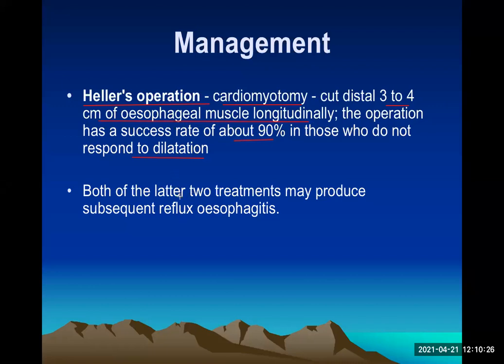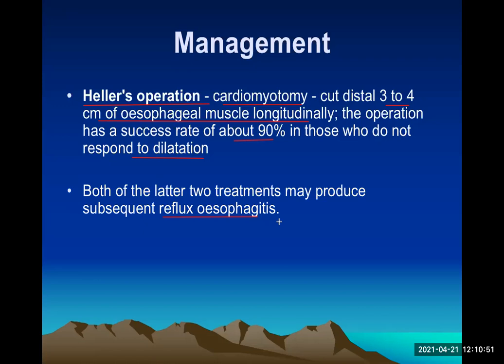Both of the latter two treatments may produce subsequent reflux esophagitis. Why is there reflux esophagitis? Can you explain why this occurs after this type of surgery or pneumatic dilatation? Why? Because there is no proper control of the lower esophagus, so there is back reflux of the contents into the esophagus leading to esophagitis.